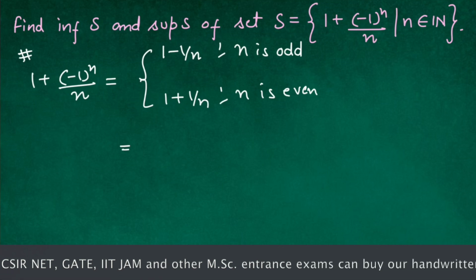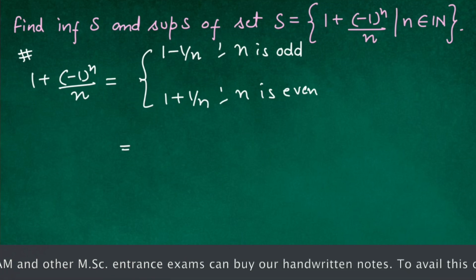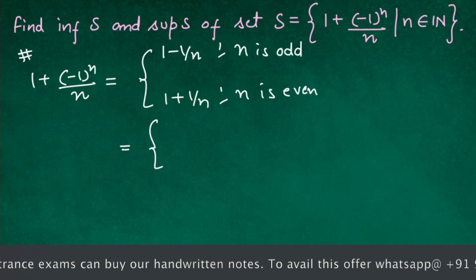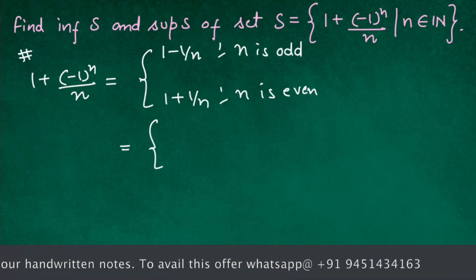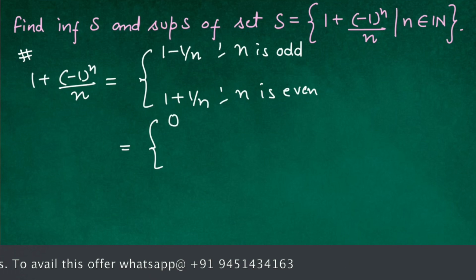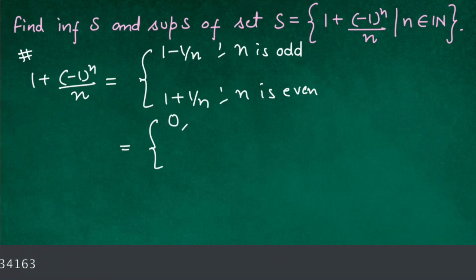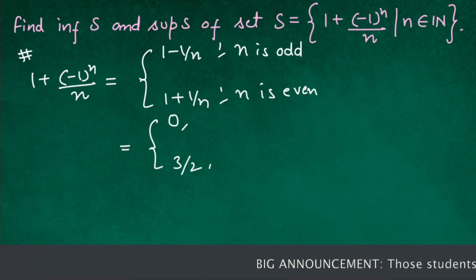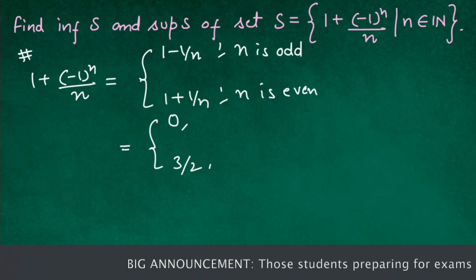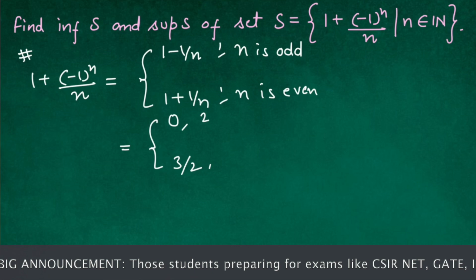Writing some members of this set: when n is 1, the first element will be 0. When n is 2, the second element will be 3 by 2. When n is 3, the third element will be 2 over 3.